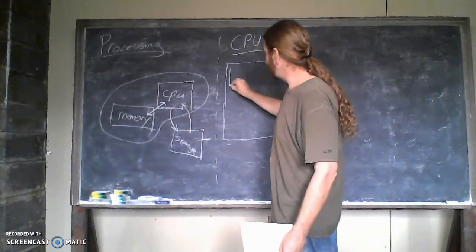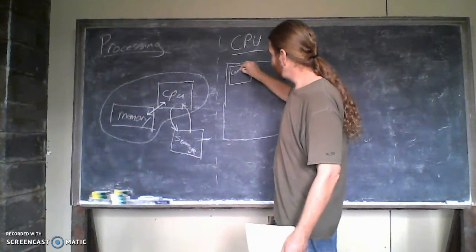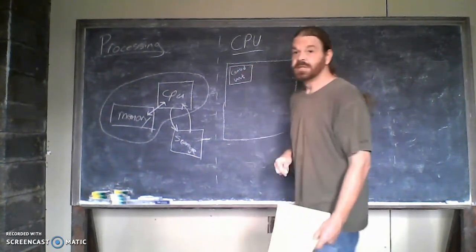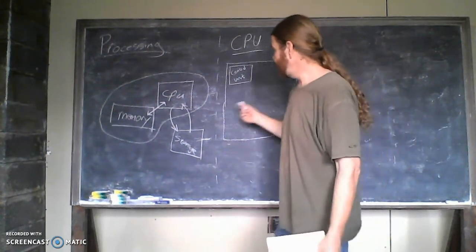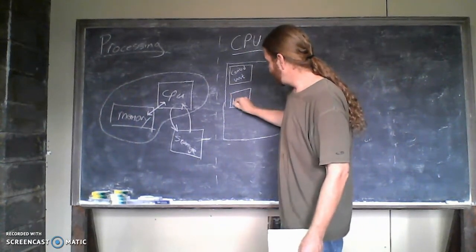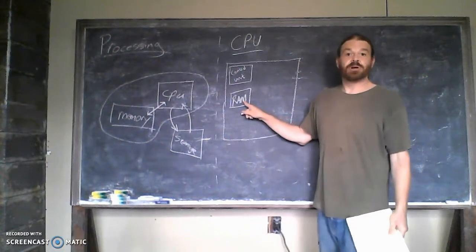Obviously, we need some way to control it. So our main piece will be a control unit. Something that's controlling everything and tying it together. And I'll just bring this in here and put random access memory, RAM.